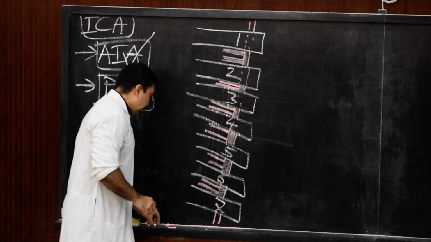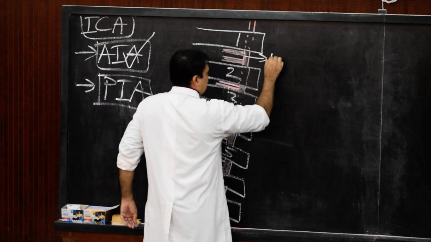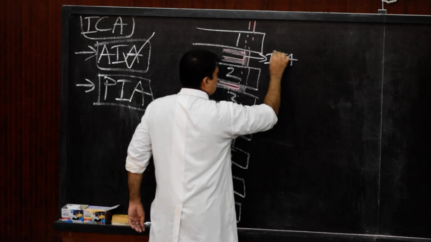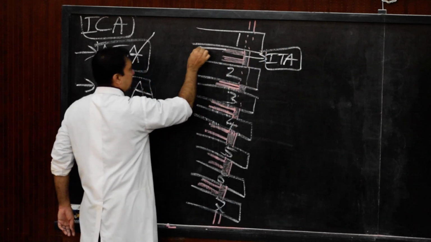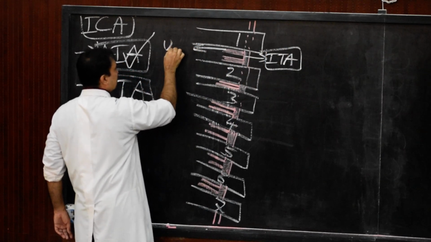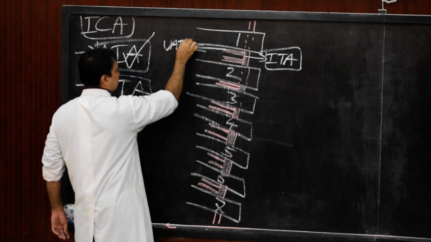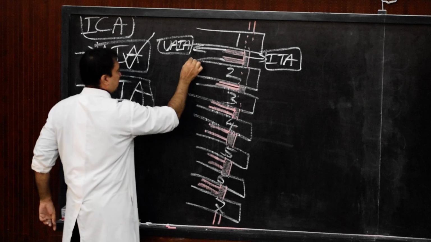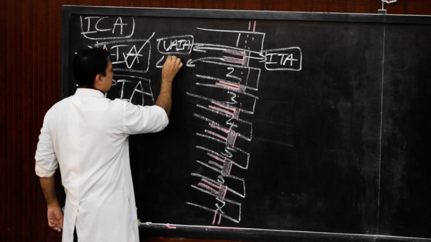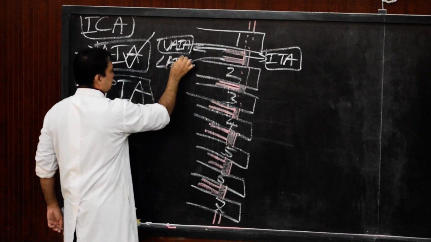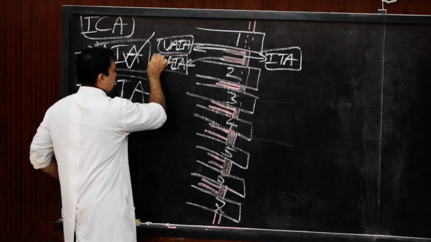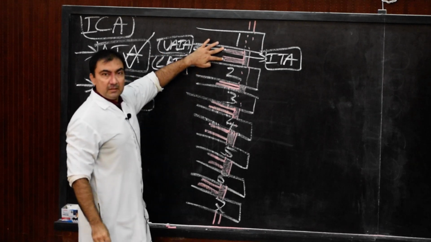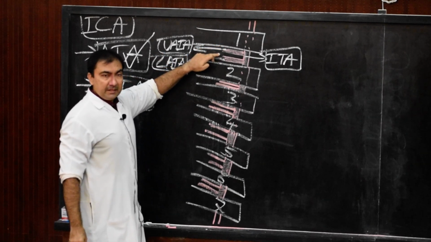Here we are going to mark down the internal thoracic artery, and here we mark this as the upper anterior intercostal artery. Very simple. And this one will be the lower anterior intercostal artery. So each space will have an upper and a lower anterior intercostal artery.